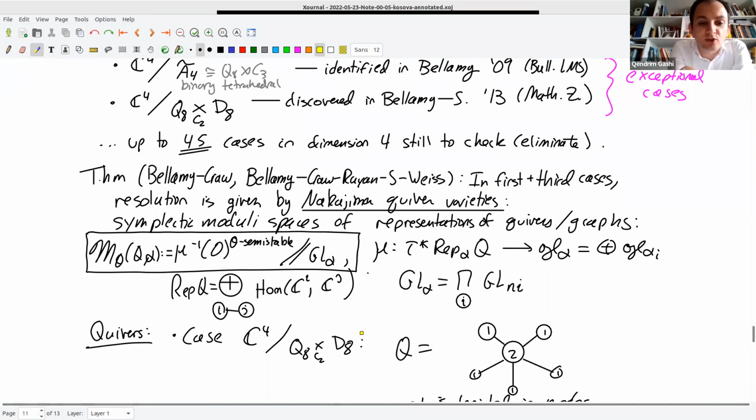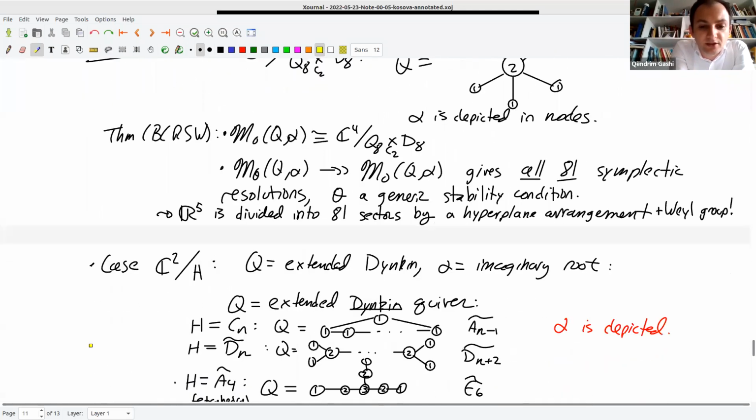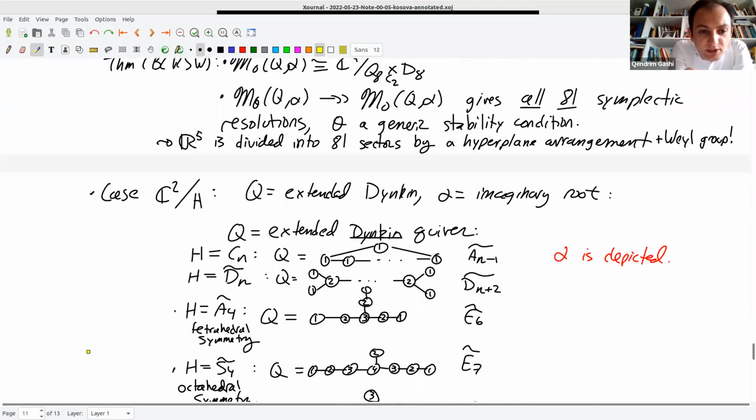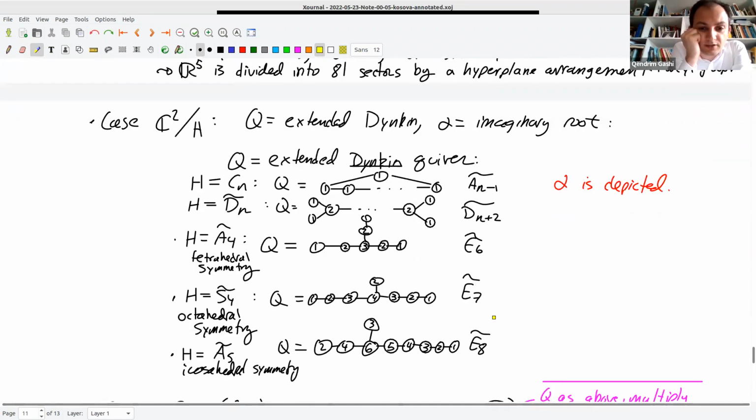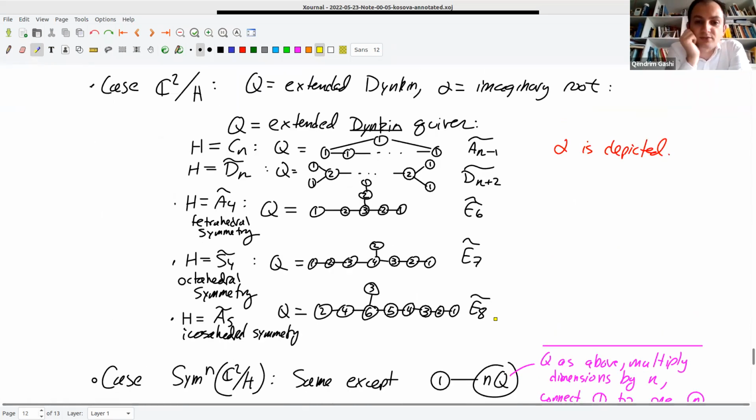Yes, and then if you scroll a bit further down here. So in this case, the extended Dynkin quivers. You said that here I can see ADEs. I can only see the simply laced ones, right?